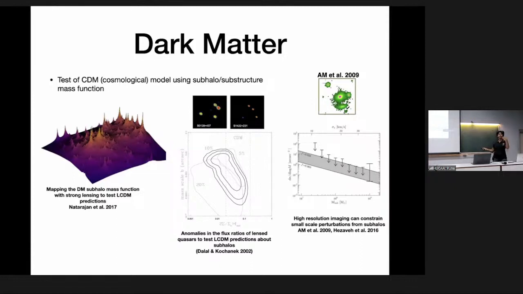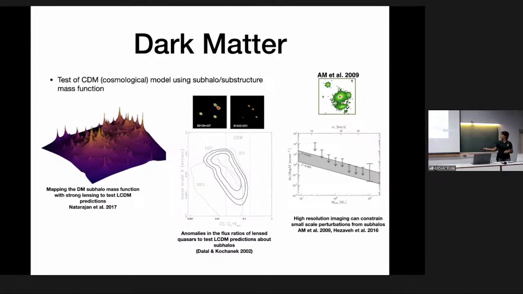Because of the many arcs that are present, one can get a detailed model for how the mass is distributed, which is what is shown by these peaks here. So we can get a detailed idea of how the substructure mass is distributed in the system.